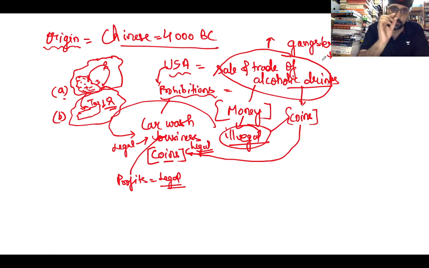Apart from the car wash business, the other business activity, which was legal, which was legitimate, which operated on the use of coins, was an opportunity for these gangsters to transfer this illegally generated wealth into those businesses. And this business that they found now was the business of casinos. And in the casinos, the slot machines.